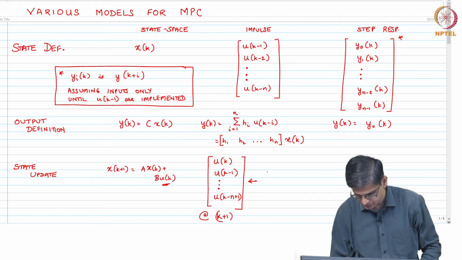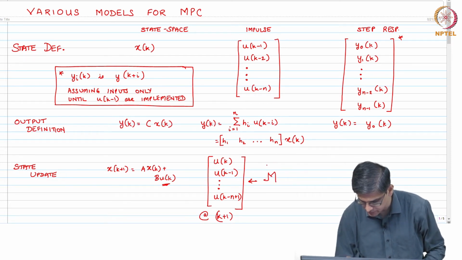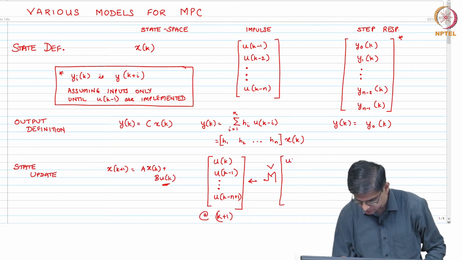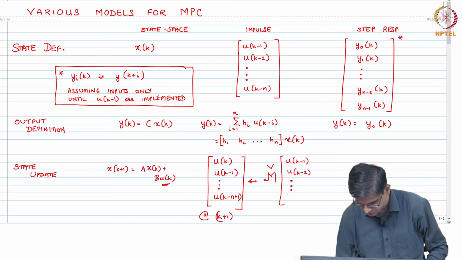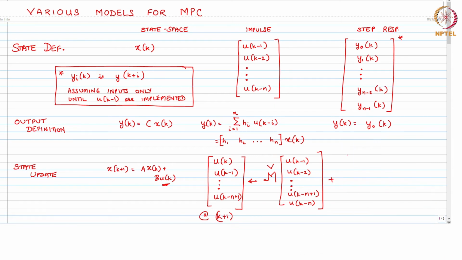I will use a downward shift operator, multiplied by the state, plus uk, 0, 0, 0. You do not physically have to do this as a matrix multiplication.